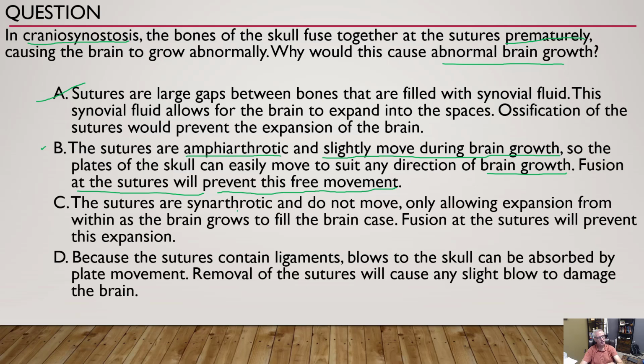So from a textbook definition, this is correct. However, only allowing expansion within as the brain grows to fill the brain case, that's going to be our disqualification for this answer.